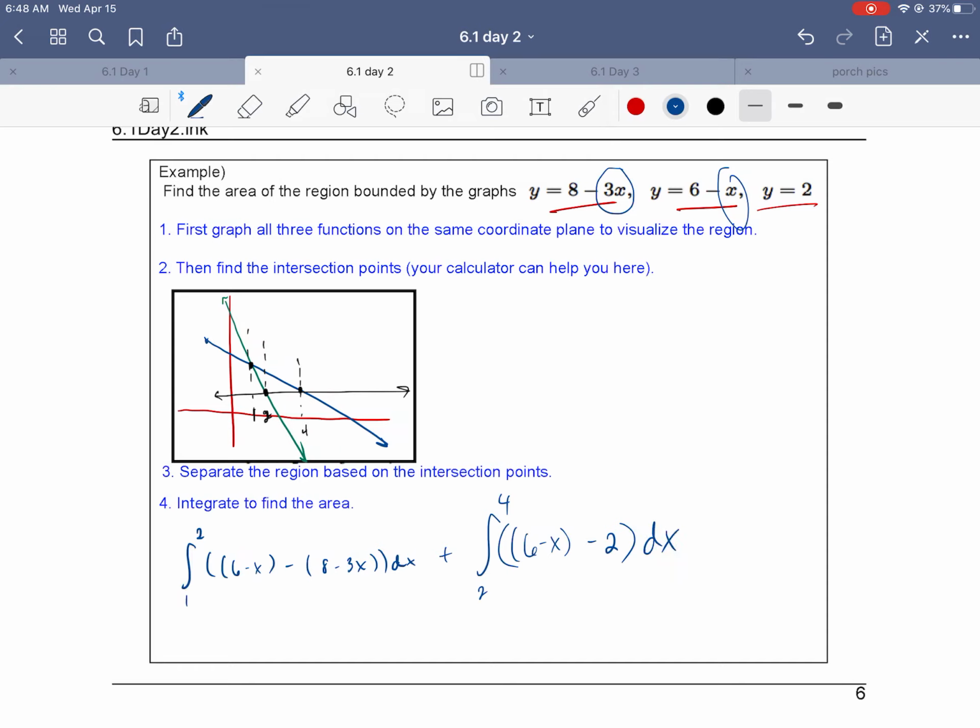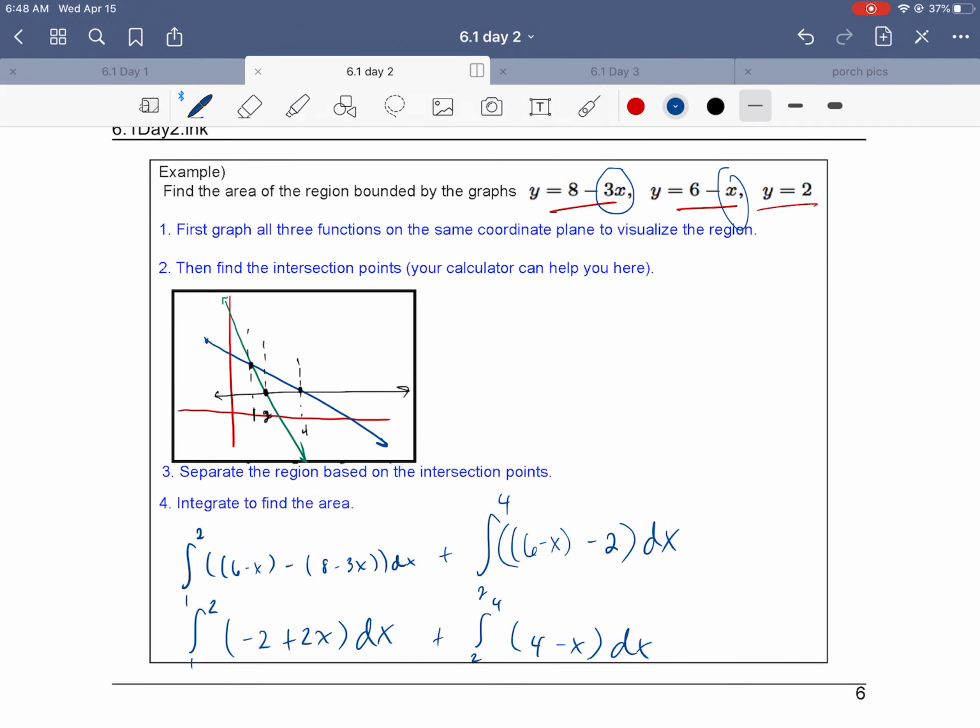Simplify them. In this case, I would recommend it. It's not too difficult. 6 minus 8 gives us negative 2. Negative x minus negative 3x gives us 2x. And the second one goes to 4 minus x.